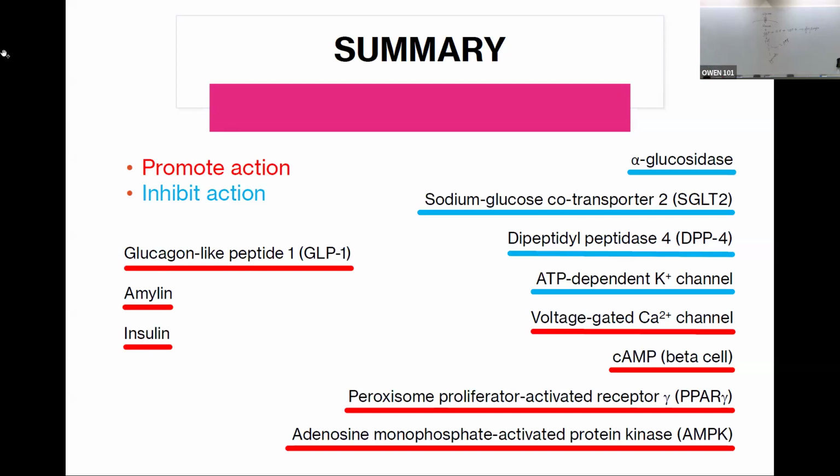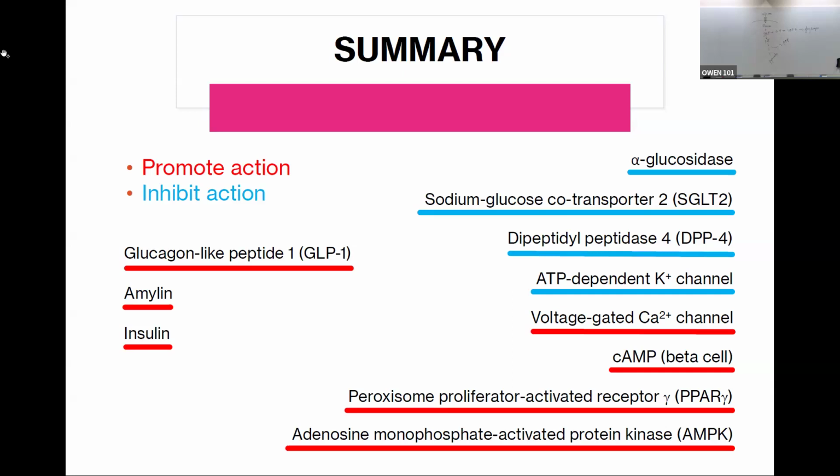ATP dependent channel, also the same. In this case, indirectly, because if the ATP dependent potassium channel is active, that stops the secretion of insulin. That's the reason why we have drugs that specifically inhibit this channel. The opposite of that promotes action.